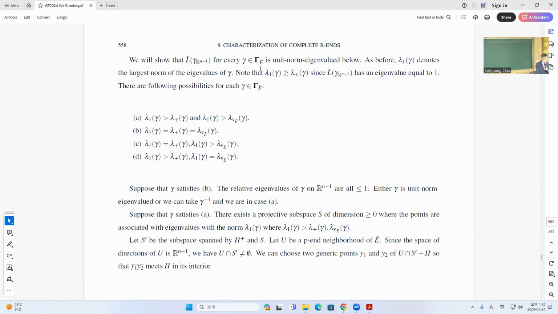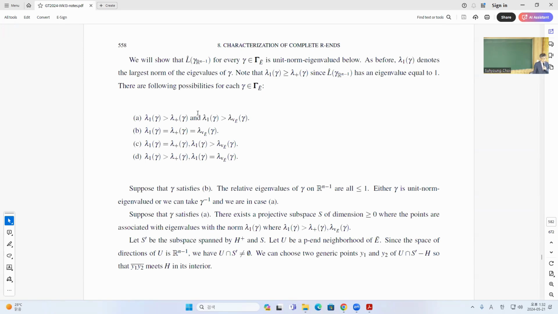So then we have to look at this lambda 1, which is bigger than or equal to lambda plus, because it has an eigenvalue at least equal to 1 here. So it has at least lambda plus eigenvalue because you have this multiplication. And so there are some possibilities.